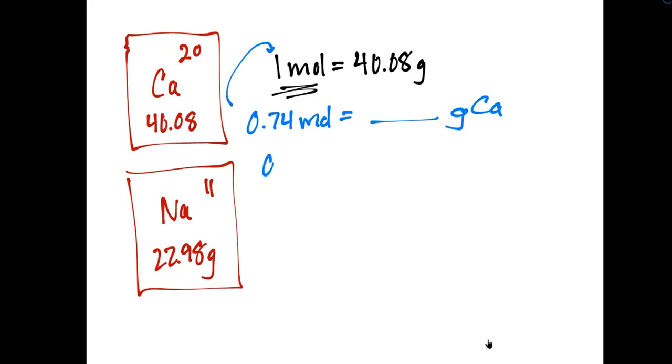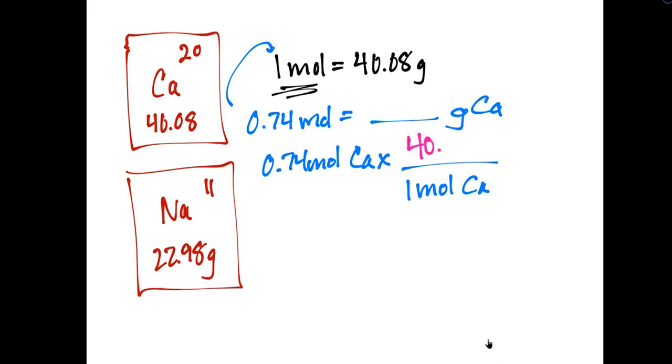All you do is you say 0.74 moles of calcium. And you have 1 mole of calcium, right? That's a conversion factor. Weighs 40 grams. Okay, so whatever that number is, it's about 28. So we'll call it 28.3 or something like that.